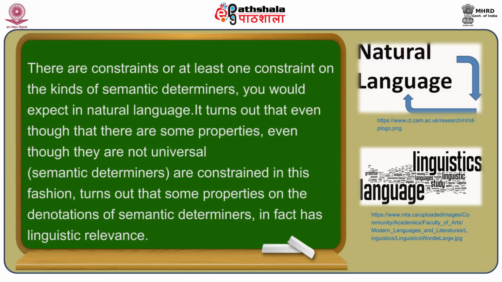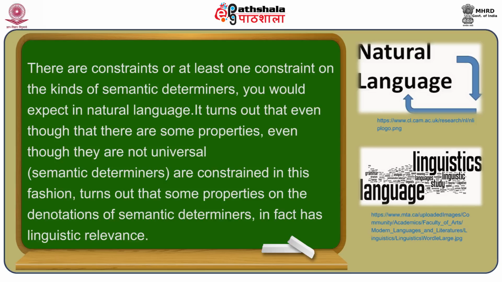That's number one. Number two, it turns out that there are some properties which are not universal, in the sense that not all semantic determiners are constrained in this fashion, but some properties on the denotations of semantic determiners, in fact, have linguistic relevance.